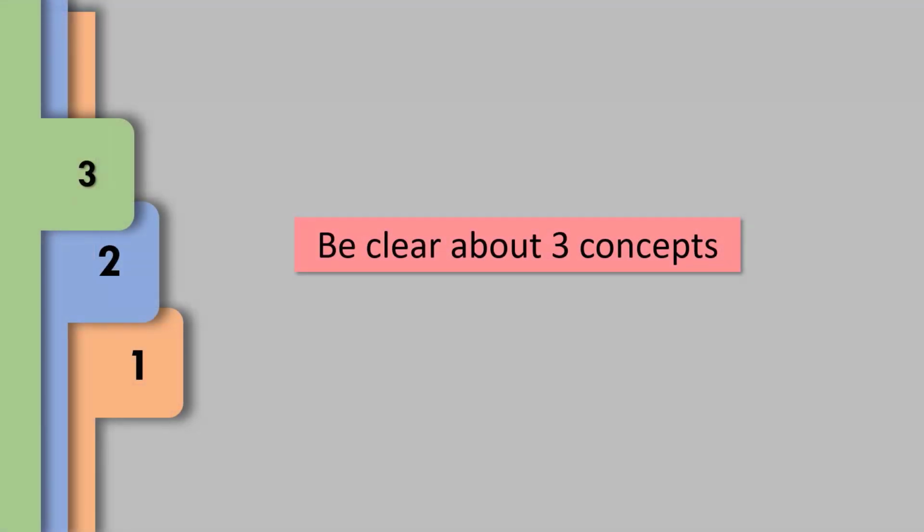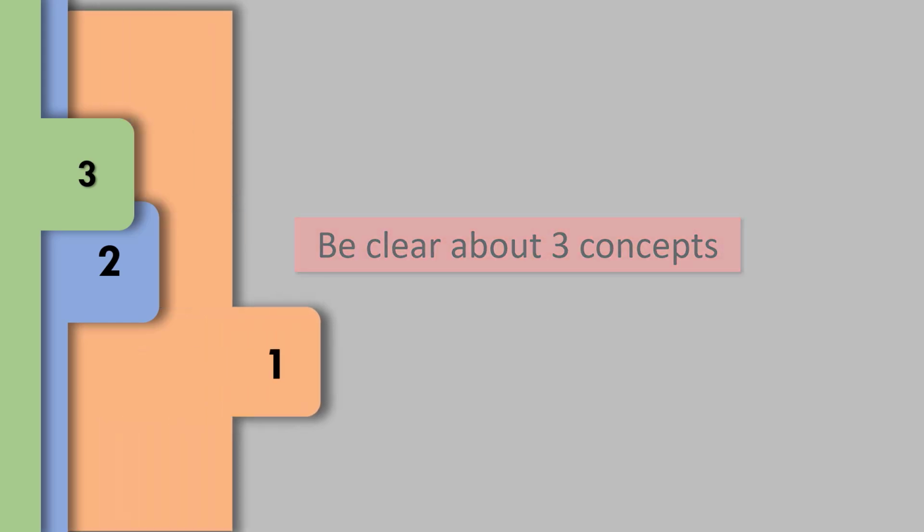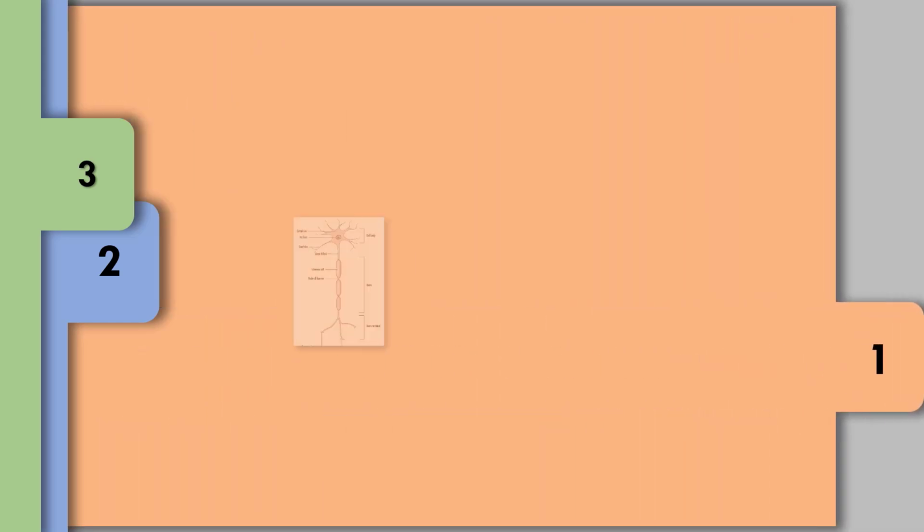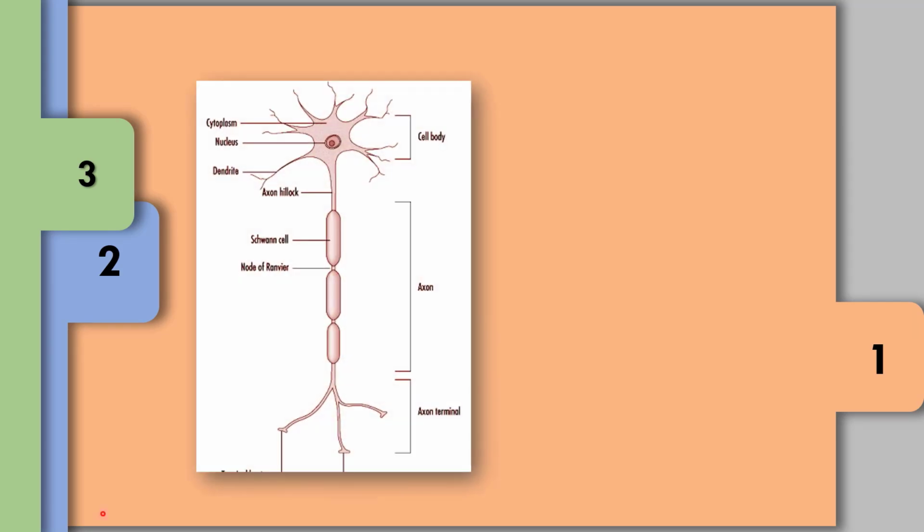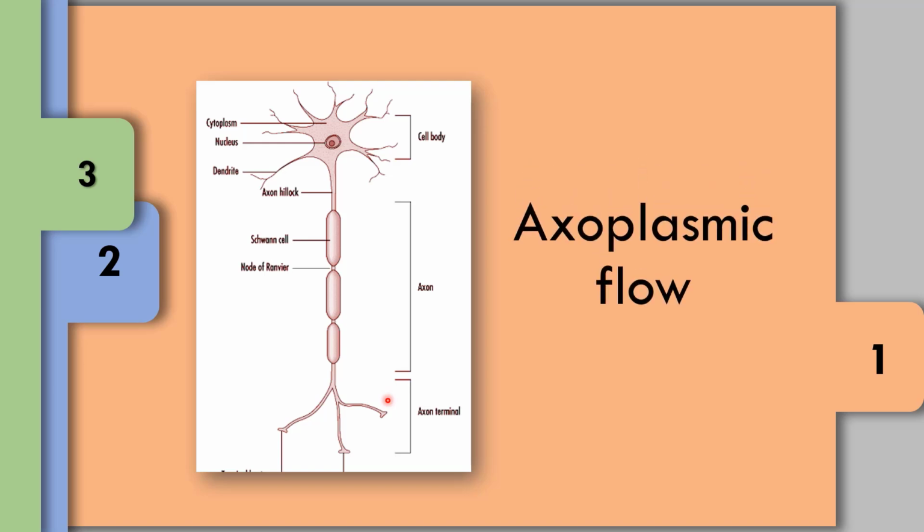Before we begin the class, let us be clear about three concepts. The first one is neuron. It has cell body, axon and axonal end buttons. Let us understand the term axoplasmic flow.